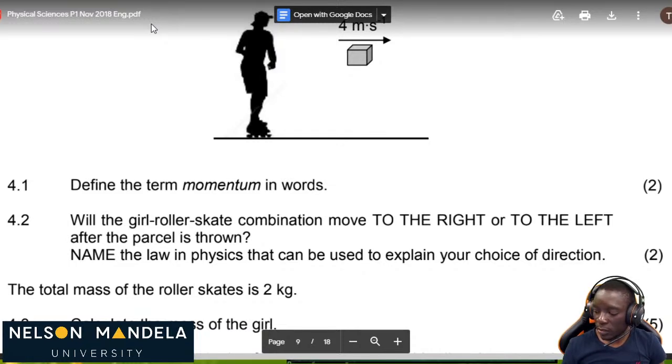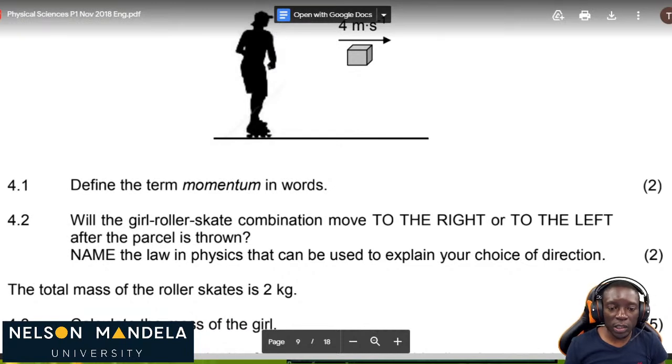So for this system, which is the girl and the parcel, when momentum is given to an object to the right, then to balance with that, if the total initial momentum is to be the same as the total final, the girl should move in the opposite direction. So the direction is to the left. This is to counterbalance and, in this case, satisfy the principle of conservation of momentum.